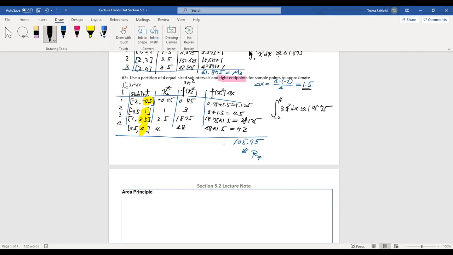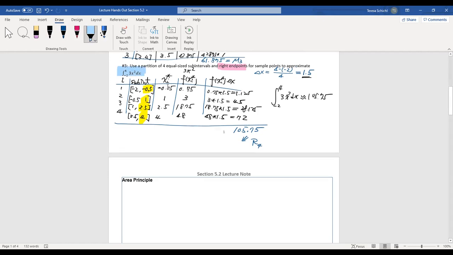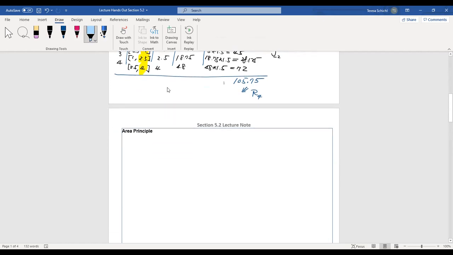This is how you approximate your integrals, trying to approximate the area under the curve. Of course, you can do what we did in the first video: partition your interval into infinitely many pieces, and then you can find the exact value of this integral.